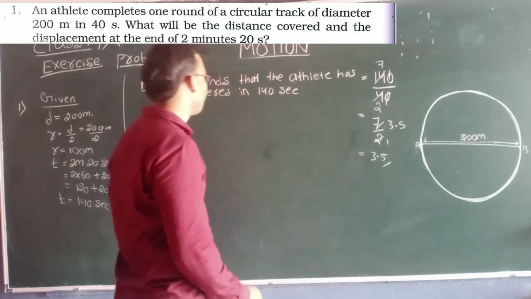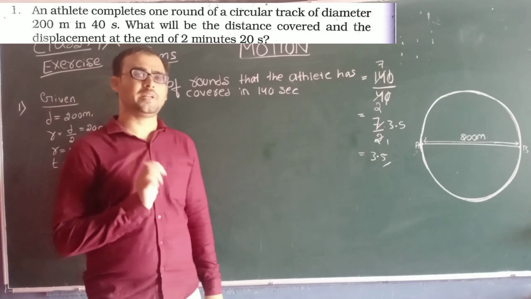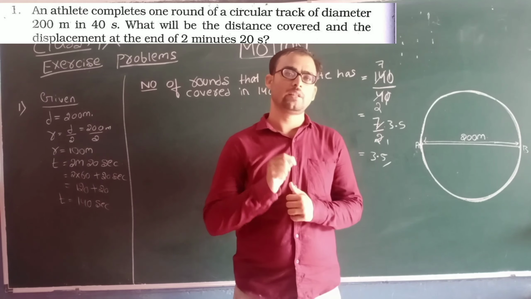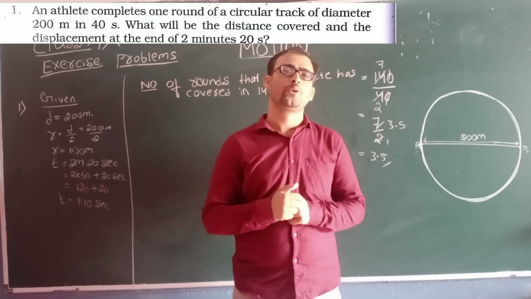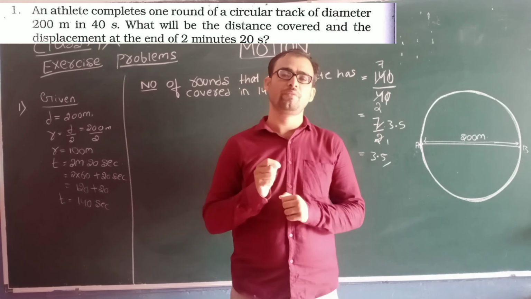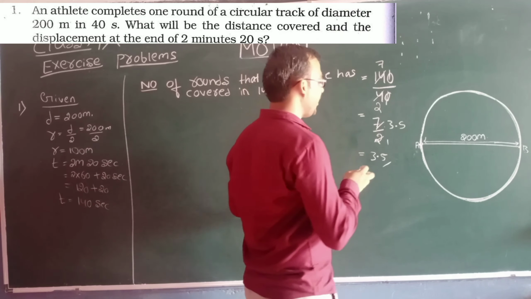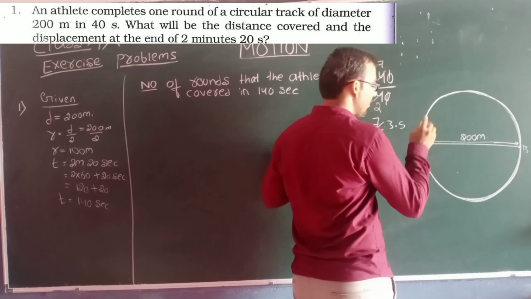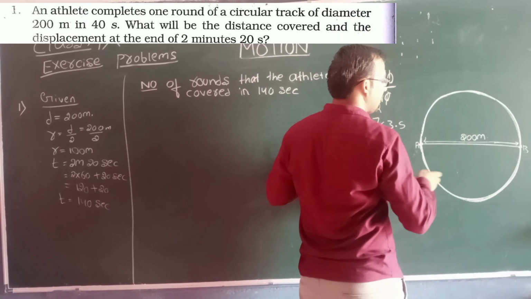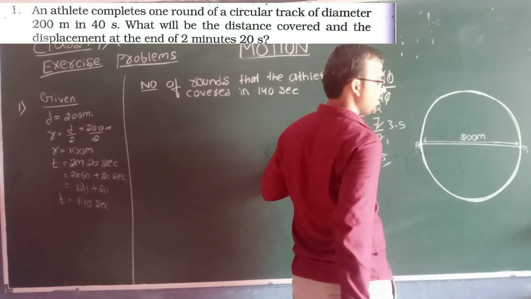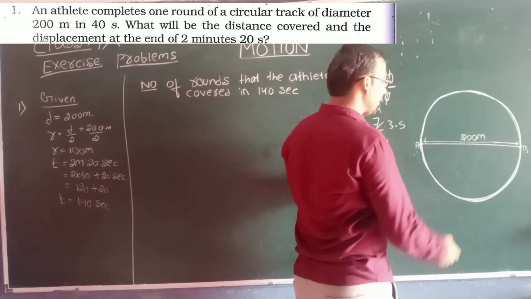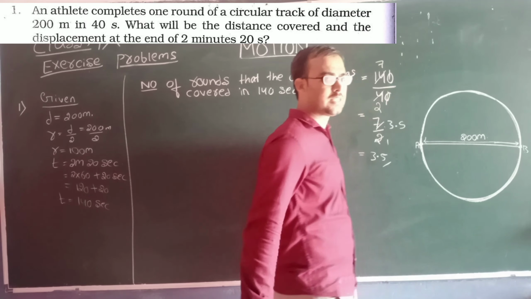So here, what is the displacement in this case? As I told you, displacement is nothing but the least distance between the 2 points. So look at here, this is the initial point and this is the final point. Then what is the distance between these 2 points? The distance between these 2 points is nothing but the diameter of the circle.